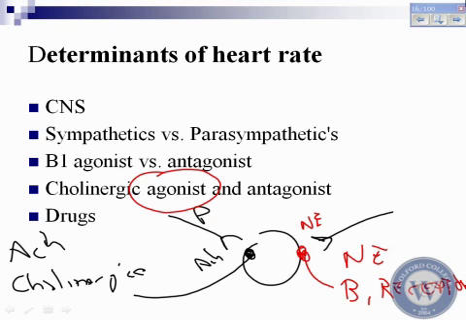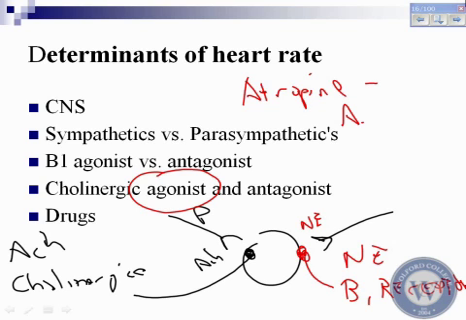The most common antagonist used to elevate heart rate is atropine. Atropine does not by itself increase heart rate. Make sure you understand, it is not an agonist. It is an antagonist. It's an anti-cholinergic.